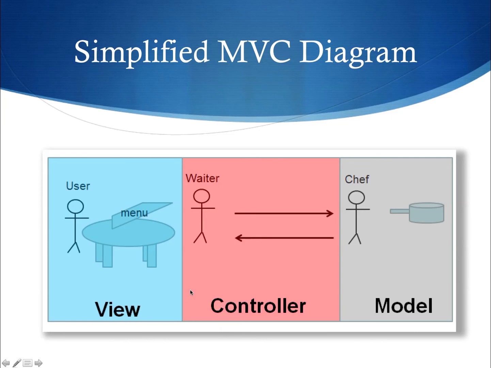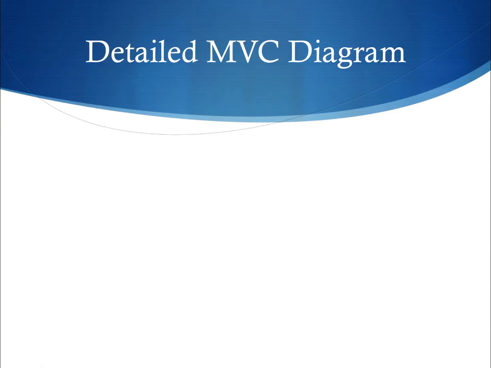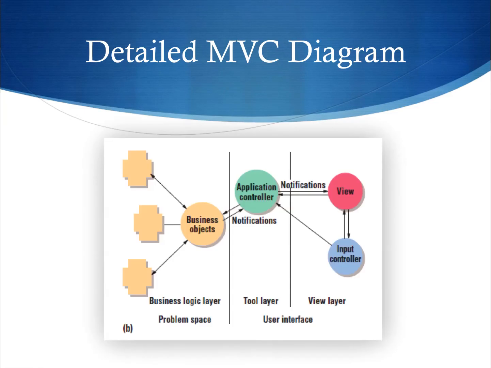All right, with that in mind, we are going to see a detailed MVC diagram. It's more complex, but with the previous explanation, we are going to see how it works inside. All right. So, like I said, we have a business logic layer, also known as the model layer. Here we have all the logic of the application, all right?